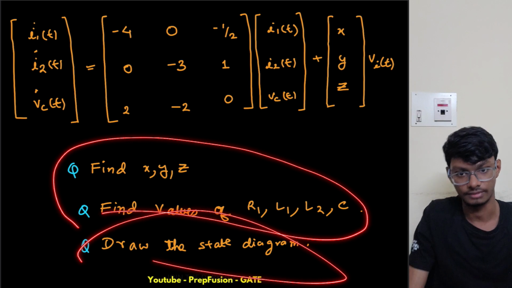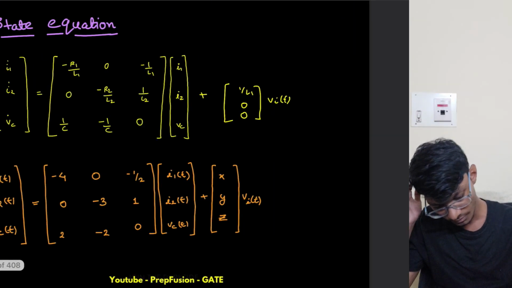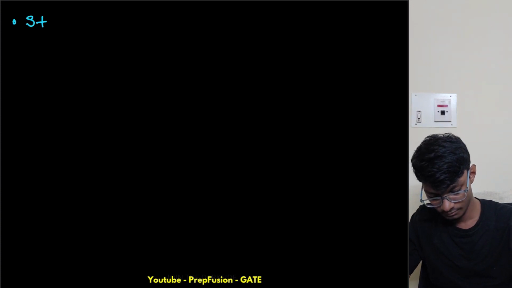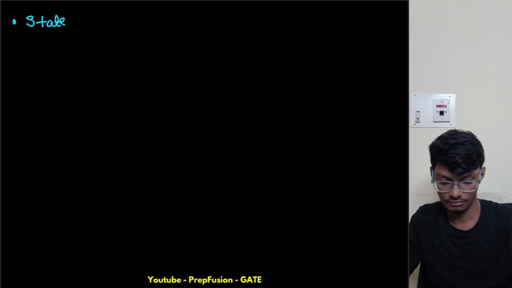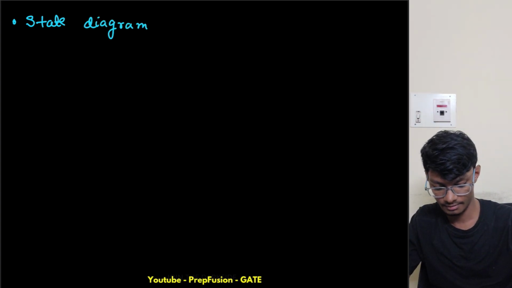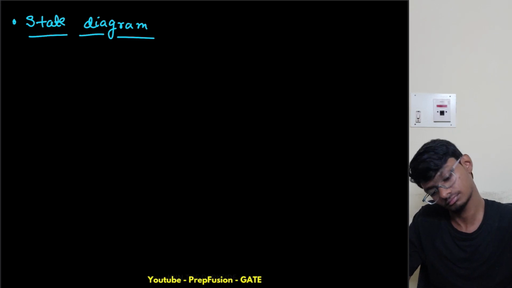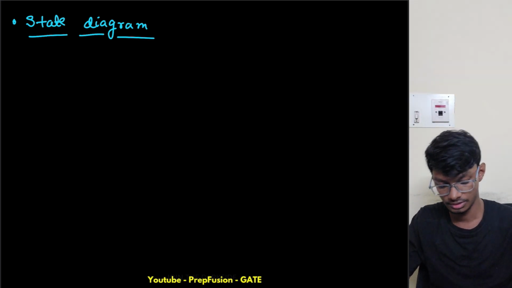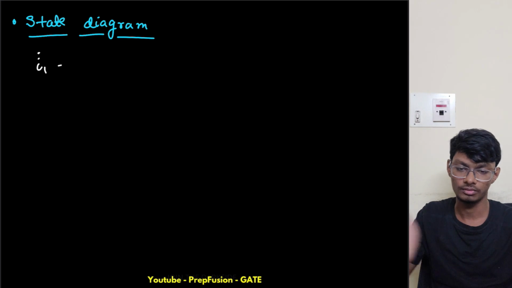So the first part, this is the solution for this part. Now let's draw the state diagram, which will be a bit difficult. So, state diagram. For state diagramming, what I will do is write the equations. From matrix format, I will go into this format.